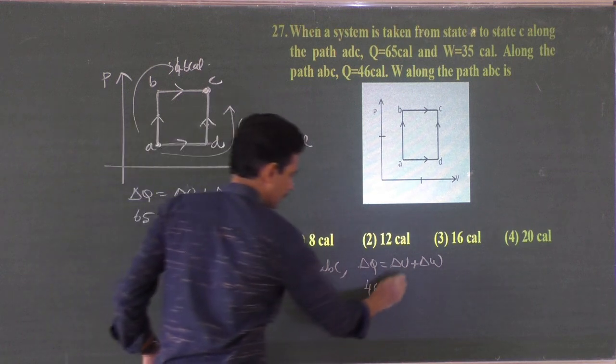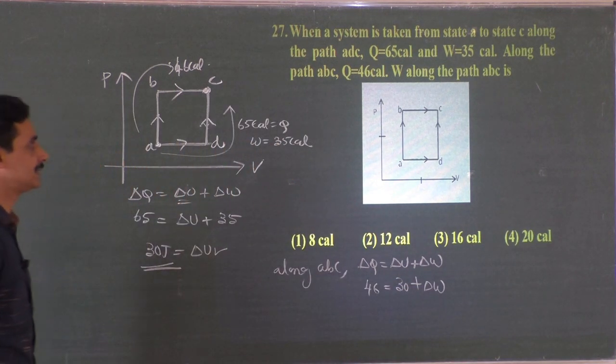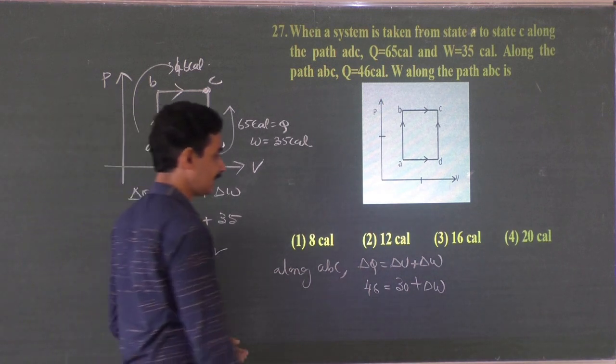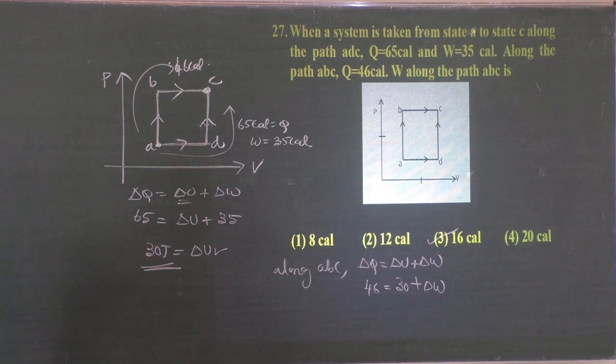Internal energy change should be the same since initial and final states are the same. Delta W is 16 calories, right? It is this answer.